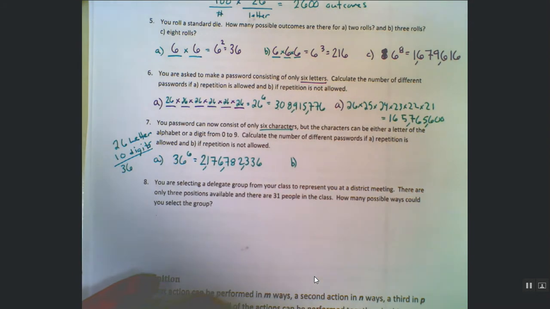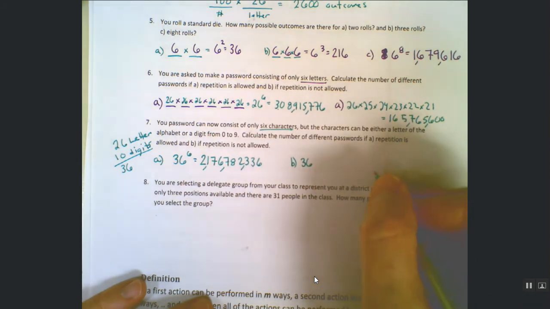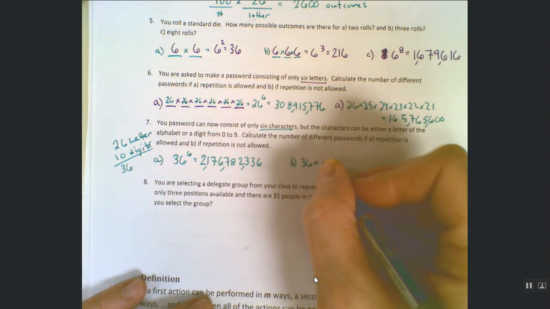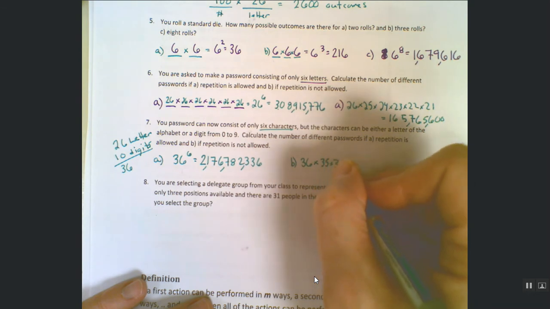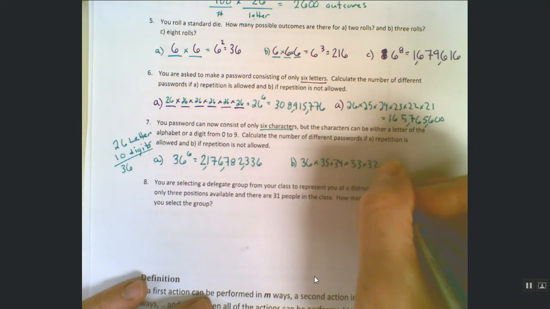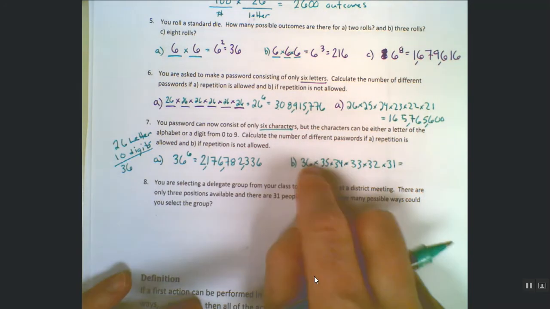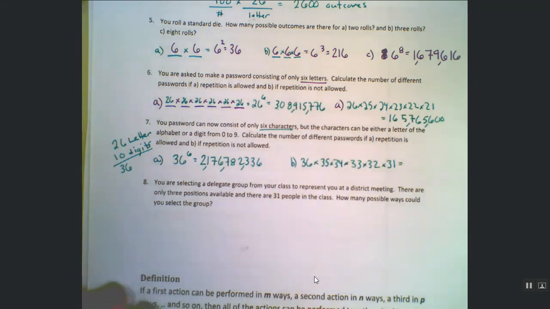For B, if repetition is not allowed, there's 36 for the first choice, but then you've lost one. So it's 35, 34, 33, 32, and that's 6 choices.